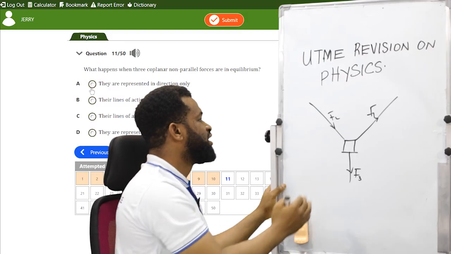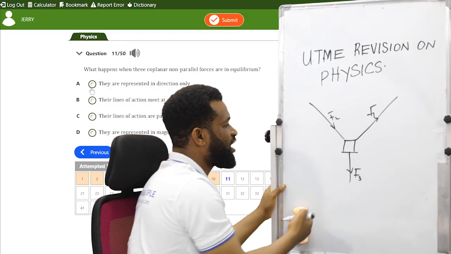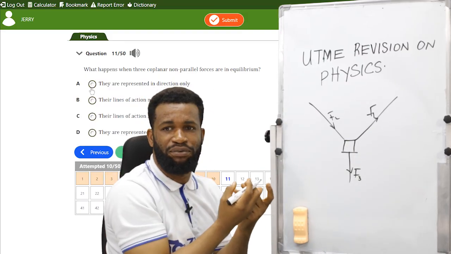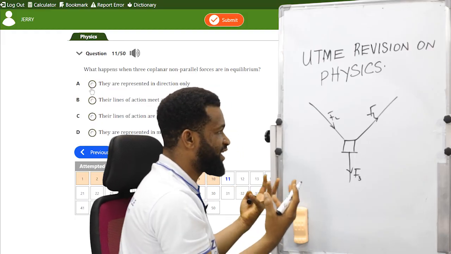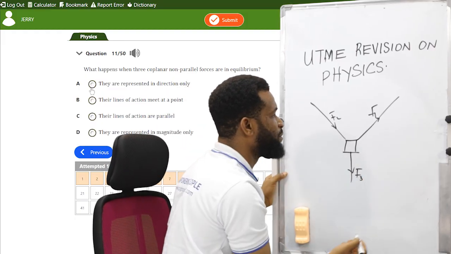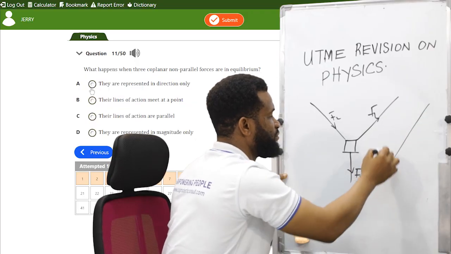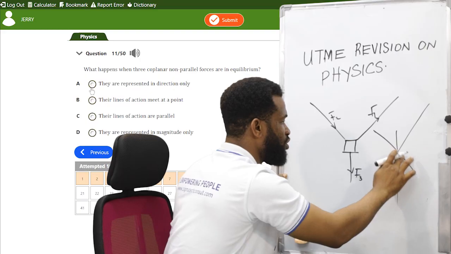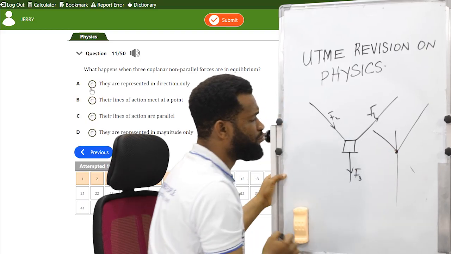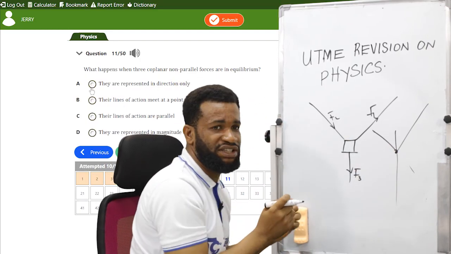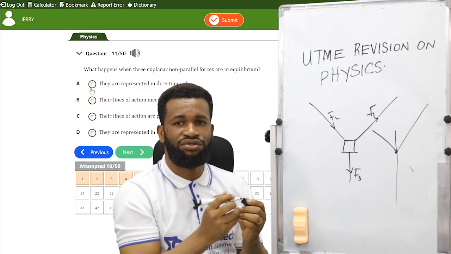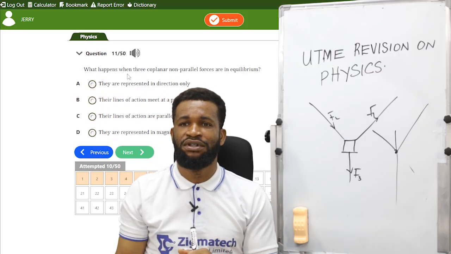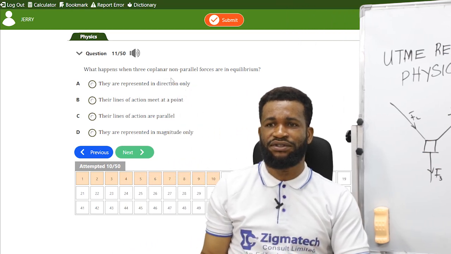Now, if you check very well, the directions of these forces must have a meeting point. So when they all intersect, in a free body diagram, I'm going to have this, this, and this. So you see, all of them have made a meeting point, or a point of intersection of all the forces. So when that happens, we say we have coplanar non-parallel forces.